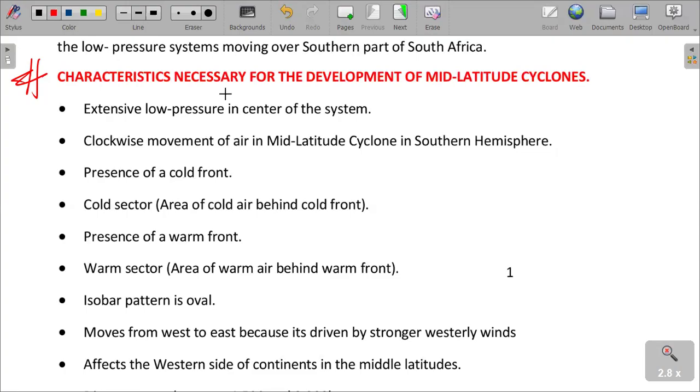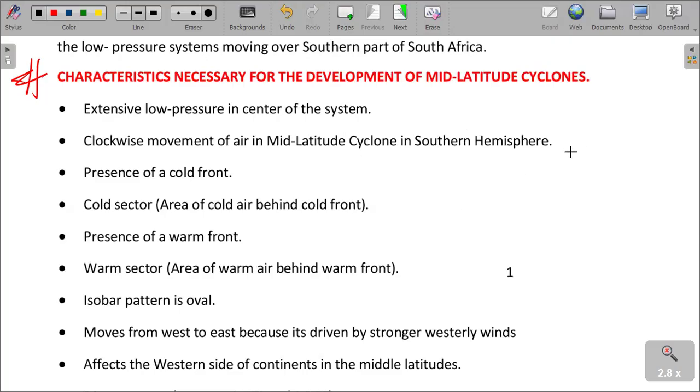So I just want to illustrate a low pressure center that is taking place in the southern hemisphere. I want you to see how it looks. The one thing that you should know is that there are also the isobars, oval and so forth.